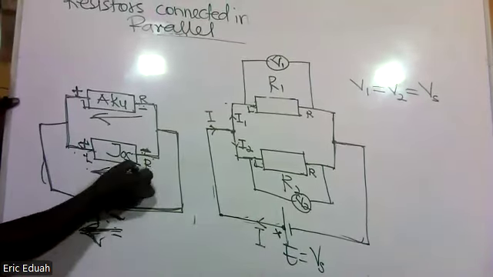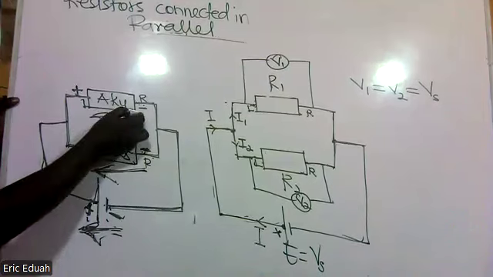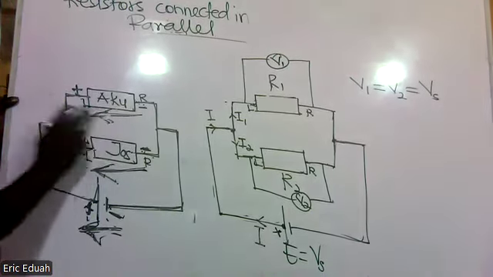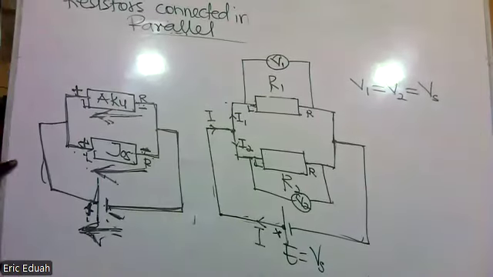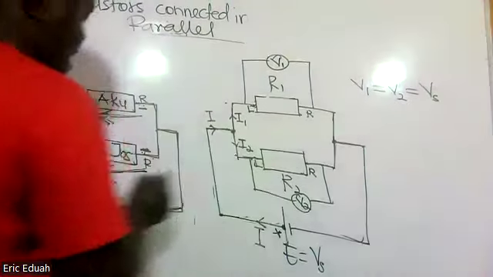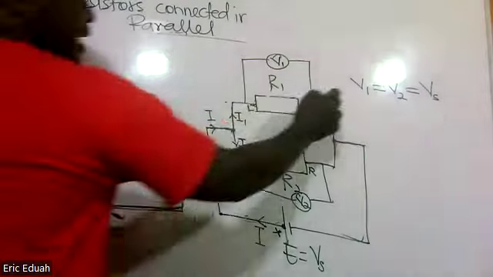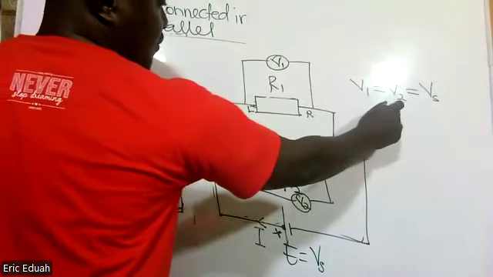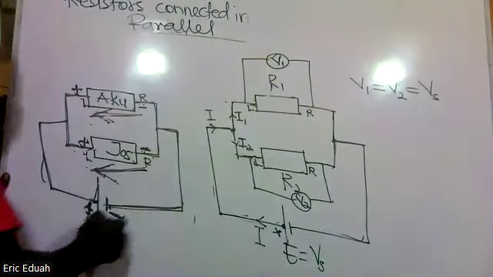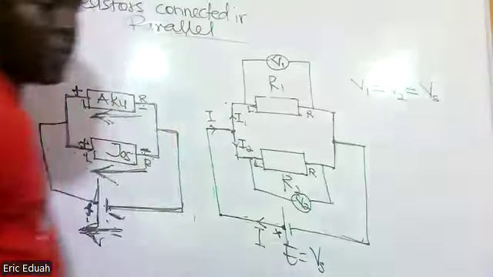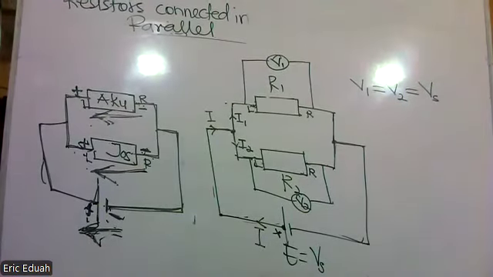So when resistors are connected in series, they have equal potential difference or voltage. That is how come V1 is equal to V2, and they are all equal to the source voltage or source EMF. Are you okay?